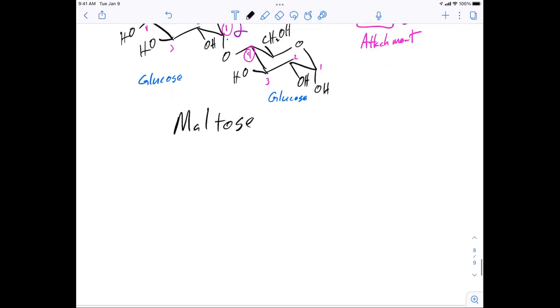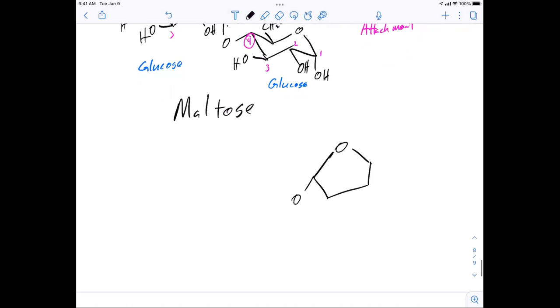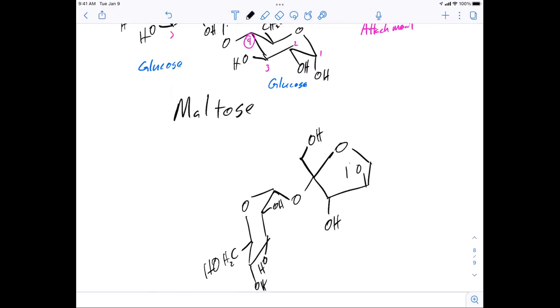We look at sucrose and start out a little ways because I'm going to actually draw that direction. This one is sucrose.